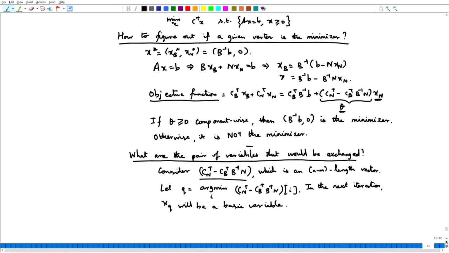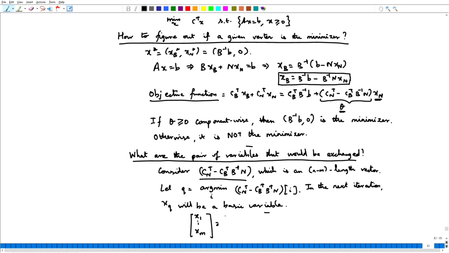So, note that if you take this particular equation, x_B equals B inverse b minus B inverse N into x_N. So, x_B actually is x_1 to x_m. Of course, it need not be 1 to m, but this is without loss of generality, otherwise you can rename the variables as x_1 to x_m.